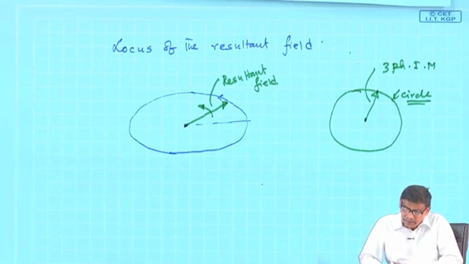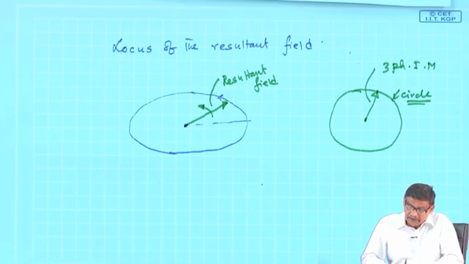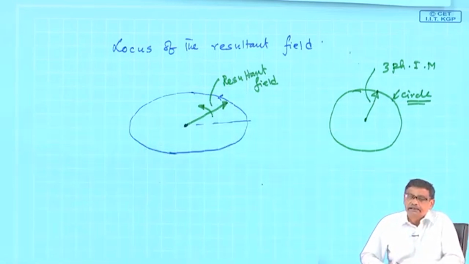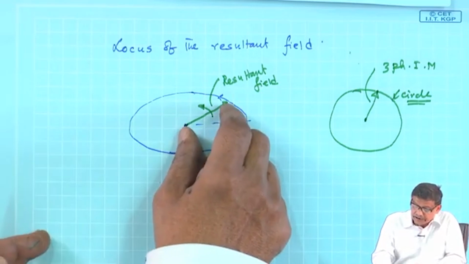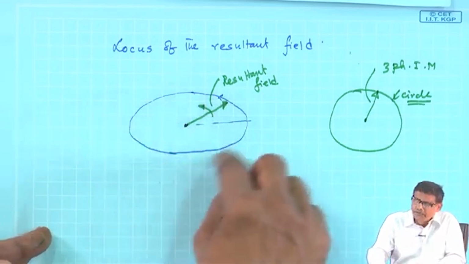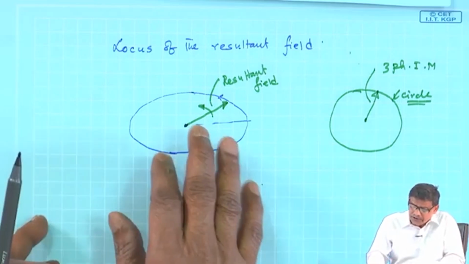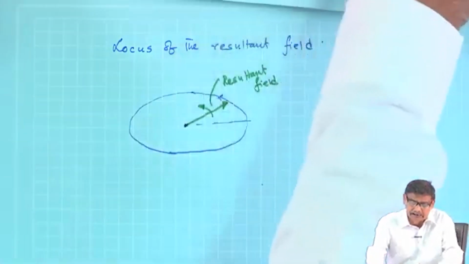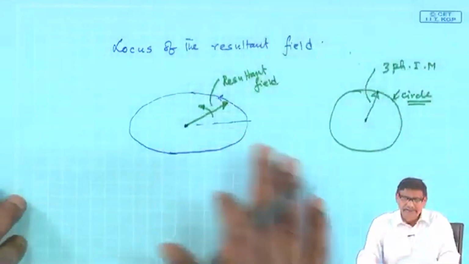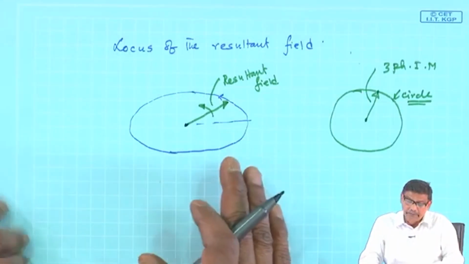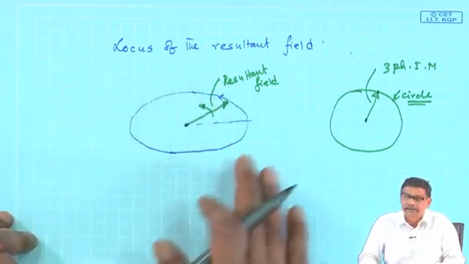So, we see that here there will be a resultant field, the locus of which will lie on an ellipse, indicating that it is some rotating field, but not of equal strength. We will come to this a little later, but that is the idea: at any slip s, when it is moving, it is doing like that.